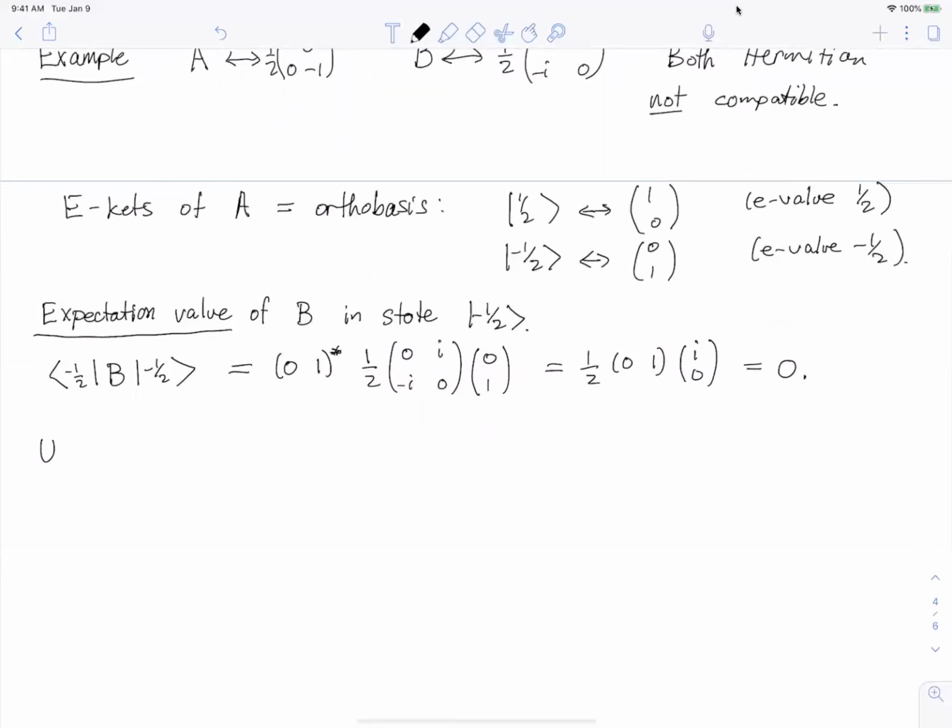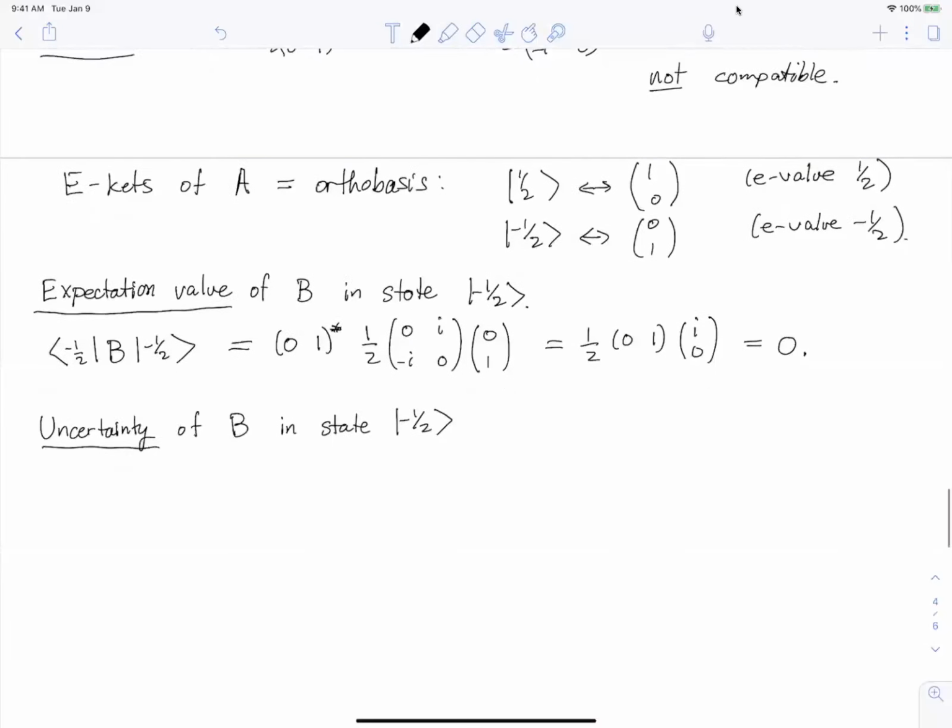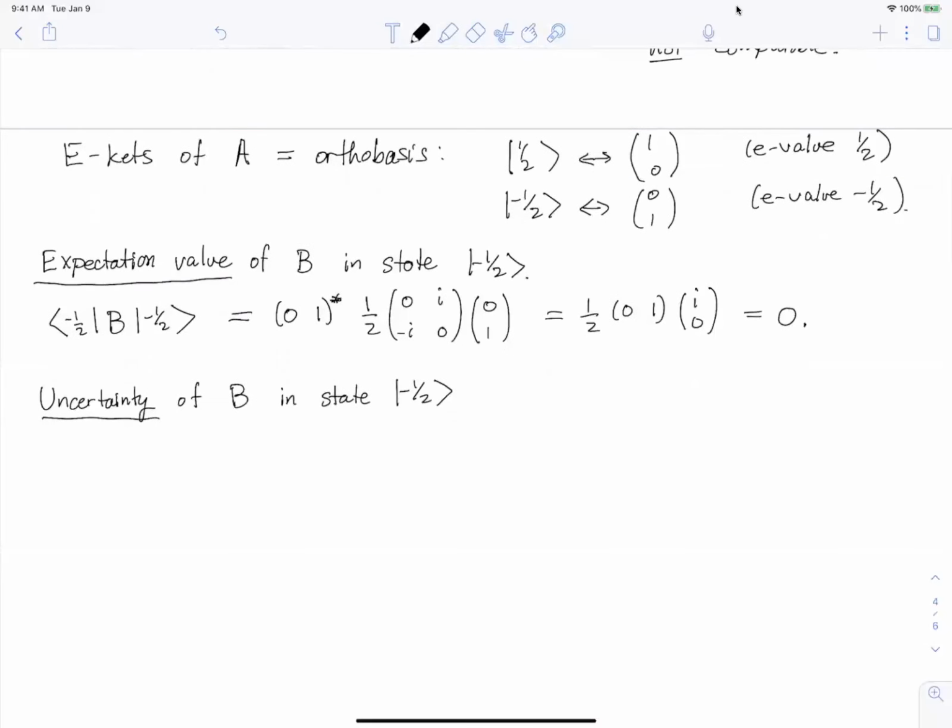All right, let's do an uncertainty. So the uncertainty of B in the state, again, we'll use minus 1/2 just as an example. So we're computing the uncertainty of B in a state where A is certain to be minus 1/2.